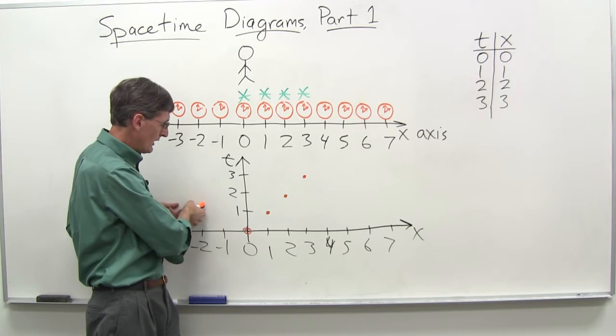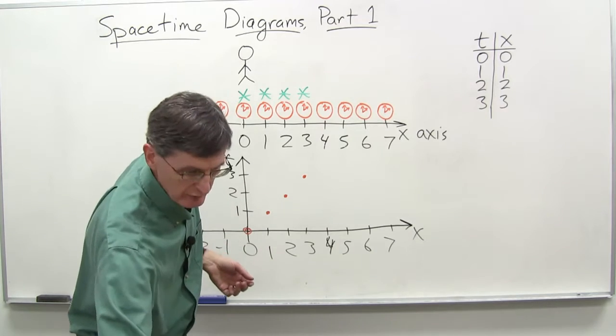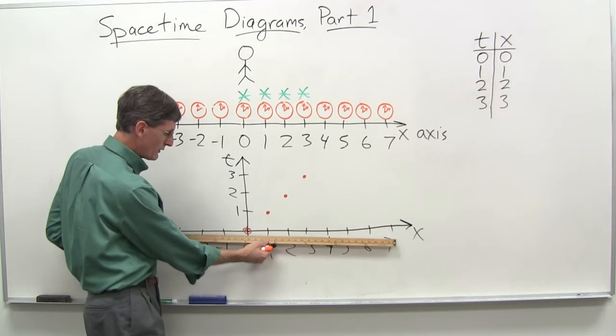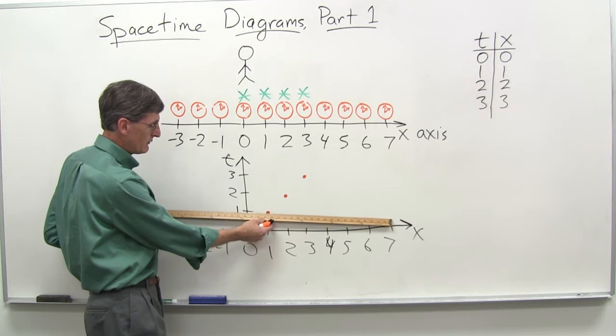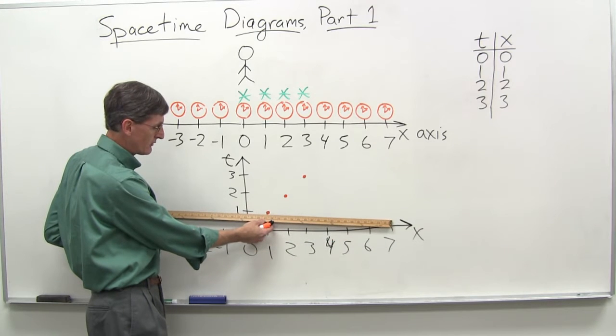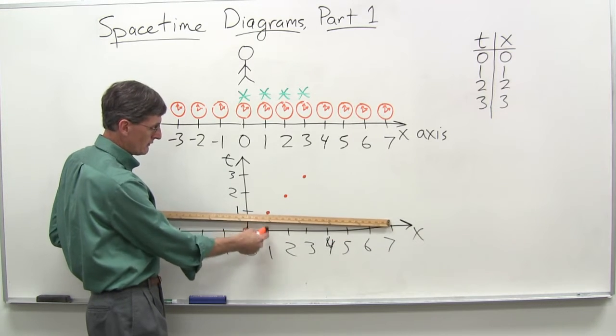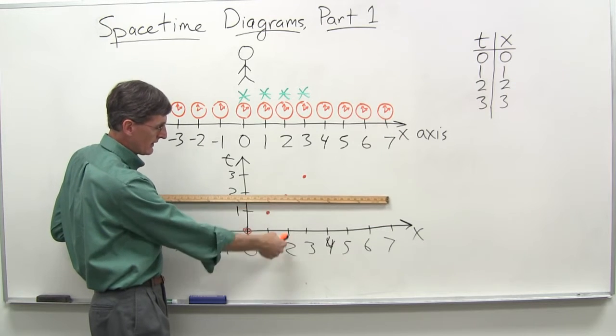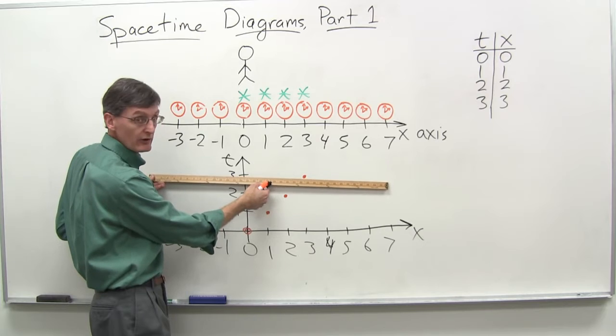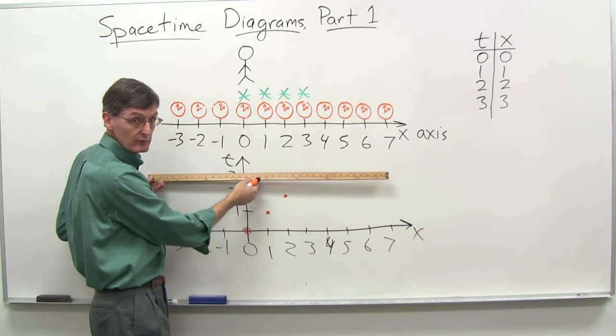And then imagine at time t equals 1, in fact, let me use mine. So at time t equals 0, if we could take a photograph along the whole axis, that's what it'd see. And then a little bit later, at time t equals 1, it'd see a flash at x equals 1 right there. And then a little bit later in time, you'd see a flash at x equals 2. And a little bit later in time, you'd see that flash at x equals 3.